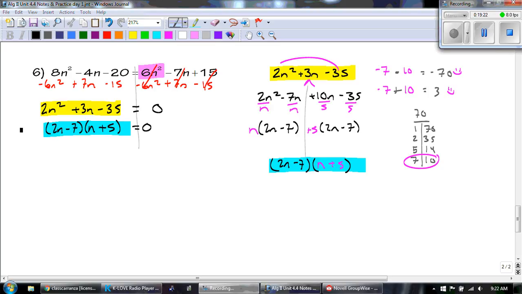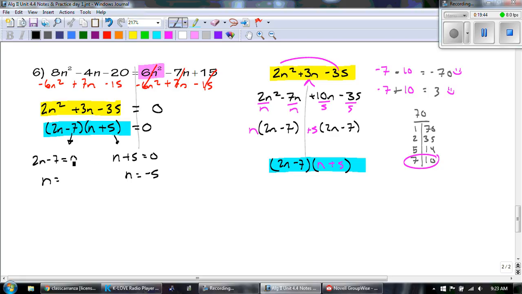Okay, so you should have gotten 2n minus 7 and n plus 5. And now what I'm going to do is set each one of those equal to 0. So we subtract 5 from both sides, we get n equals negative 5.